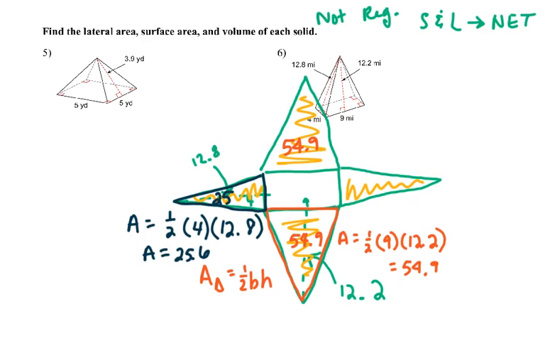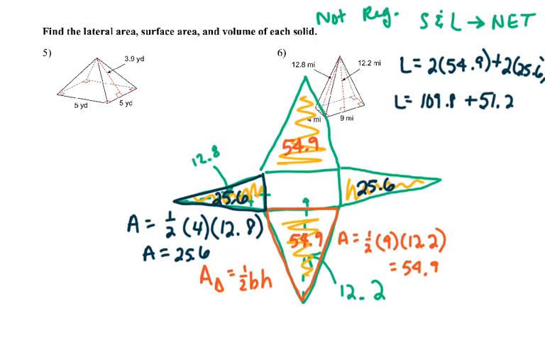So 25.6 square miles here and 25.6 square miles here. So our total lateral area is equal to the sum of those 4 faces: 2 times 54.9 plus 2 times 25.6. We add all that up and we get a total lateral area of 161 square miles.